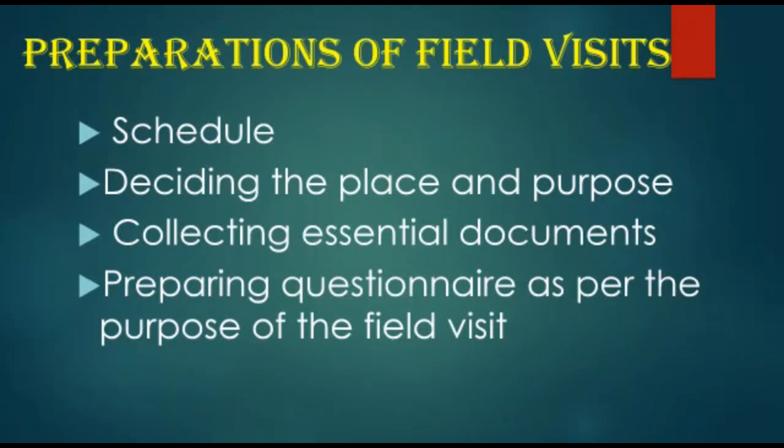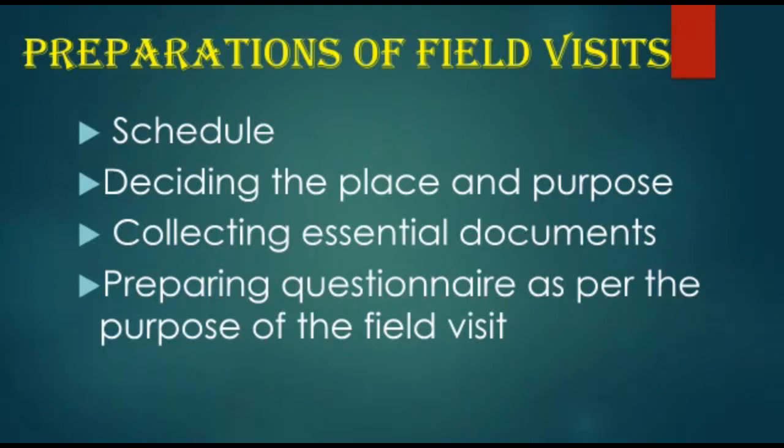Deciding the place and purpose. Deciding the place includes the location, distance, transportation route, means of transportation and duration, whereas the purpose includes deciding the place as per the aim and learning objectives of field visit.